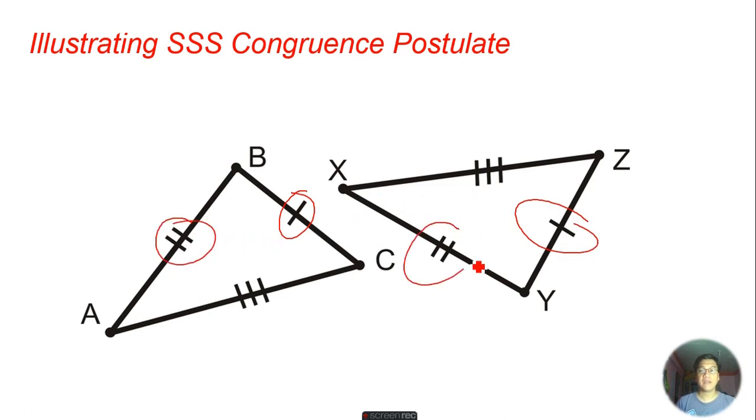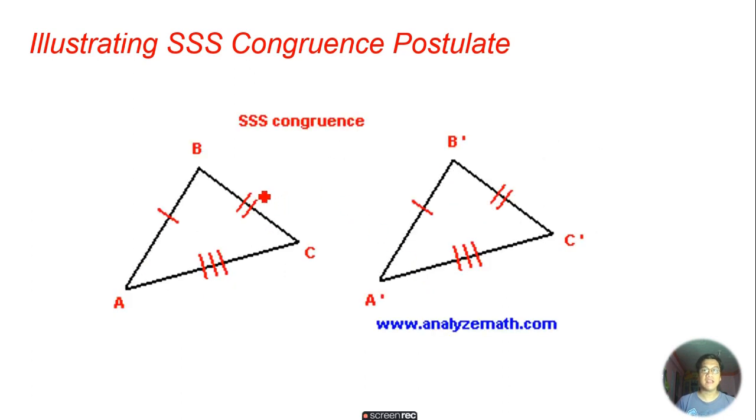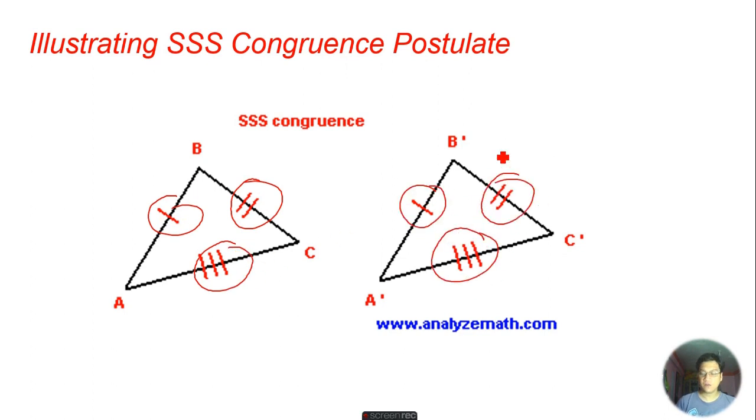If you look at the pairing, they are paired together and then they are congruent by SSS congruence postulate. And also, this example. We are all guided by the tick marks illustrating that the three sides are congruent.